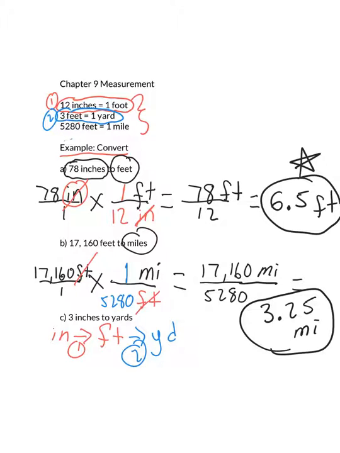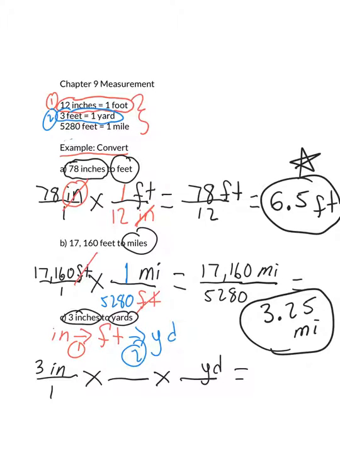Since we have 3 different units this time, inches, feet, and yards, we then need 3 total fraction bars. Always multiplying them to begin. Same setup as above. Whatever we're given, 3 inches goes with the first fraction. Put it over the number 1. What we want at the end, yards, goes on top of the last fraction. The abbreviation for yards is YD.